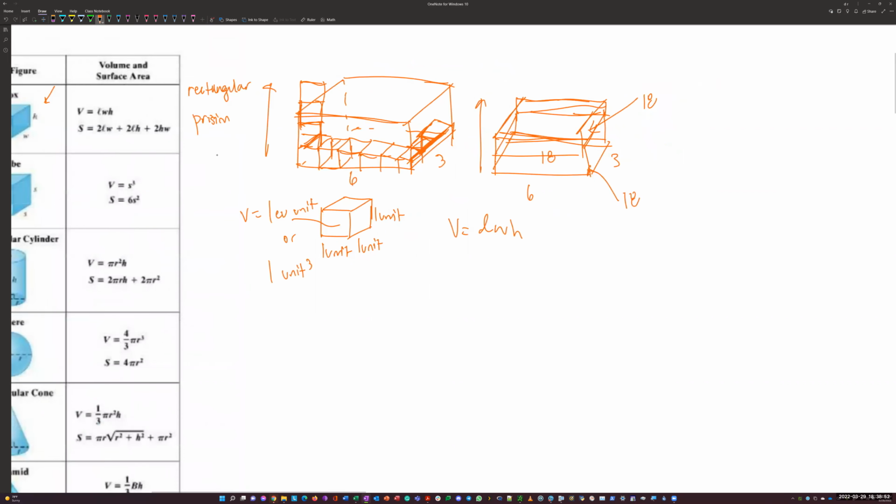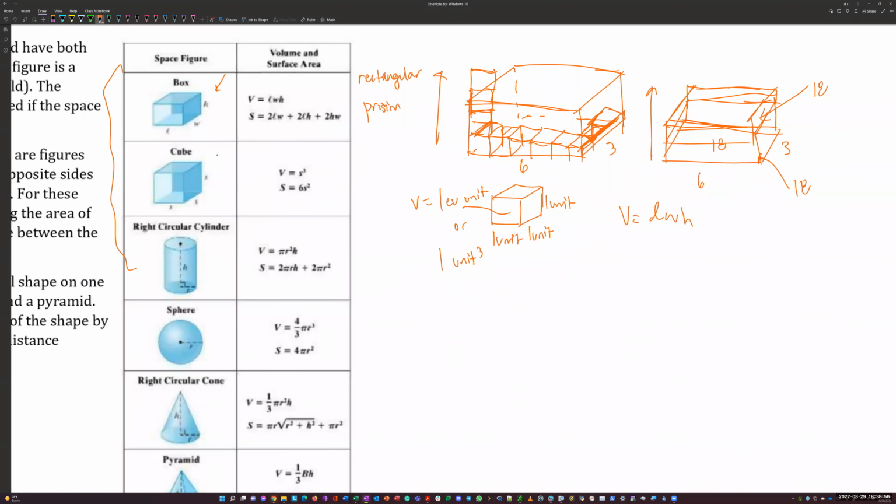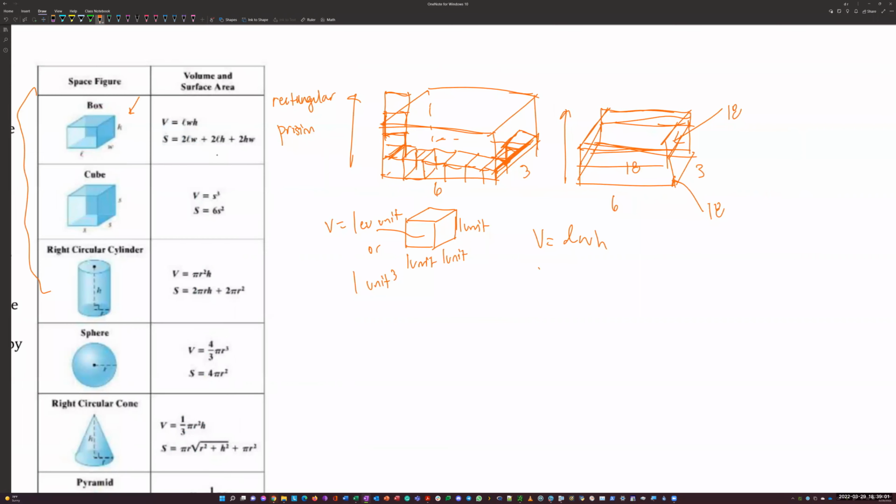Another way to think about it though is, all three of these here, we could think of them all as being with this formula. Volume is equal to base times height. So B is the area of the base, and H is the height.